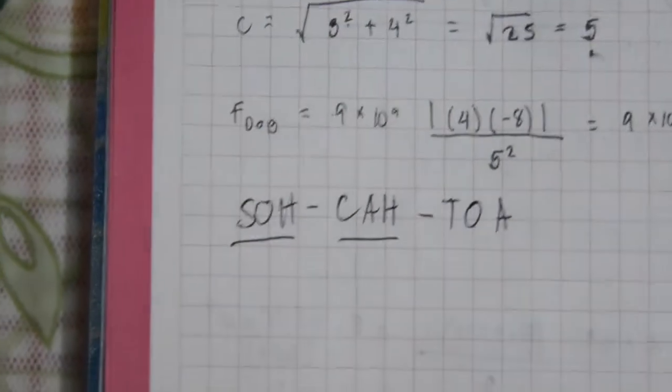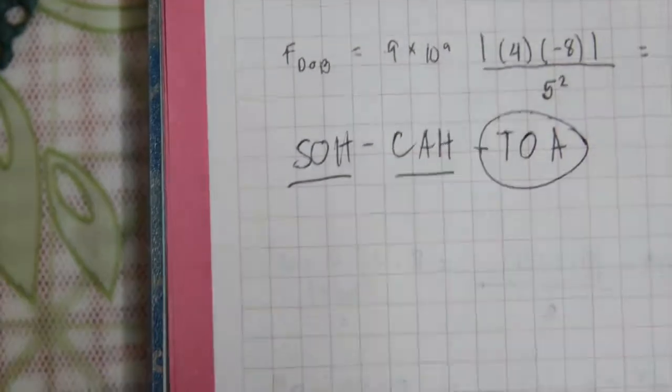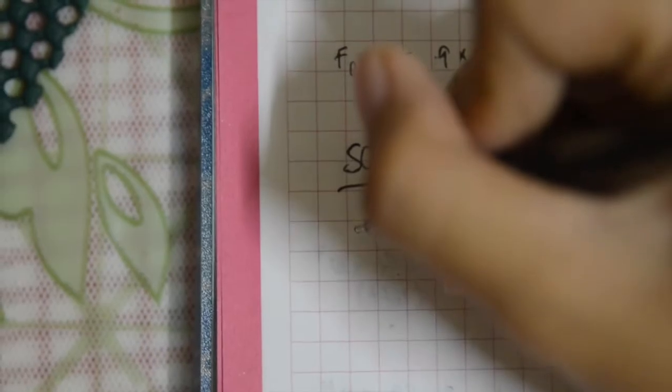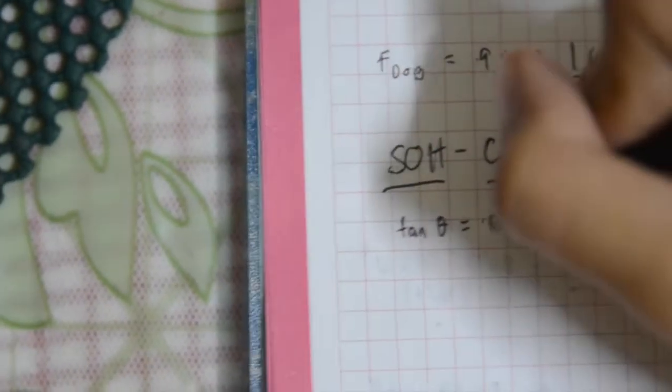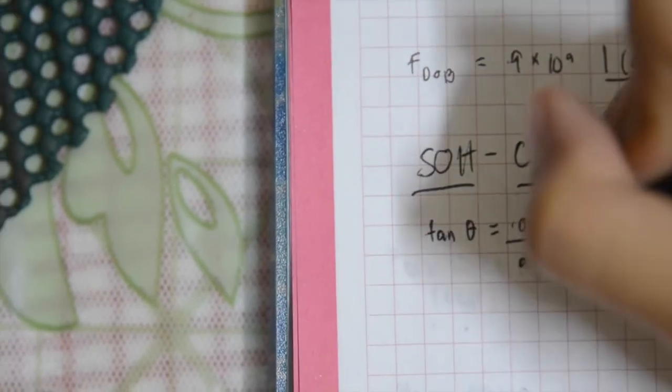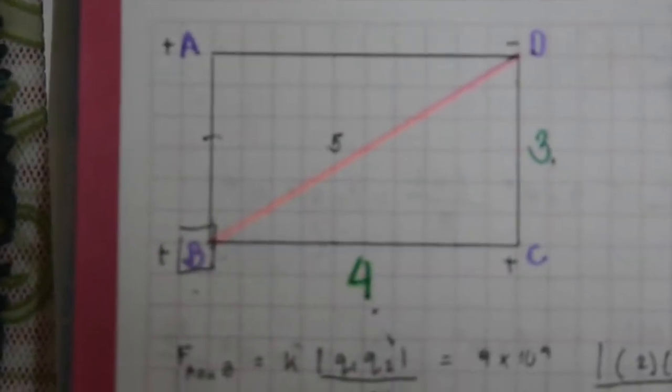So what I do is I use the TOA part, so that's tan theta is equal to opposite over adjacent, right? So the angle that we will be looking for is one that is against the horizon.